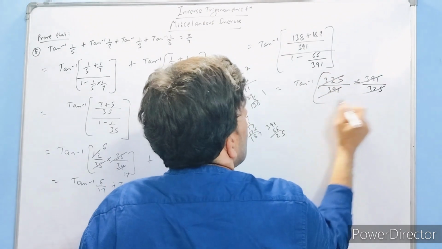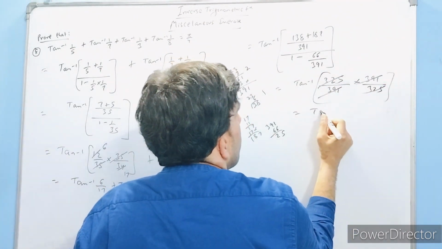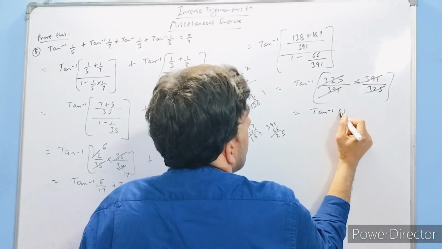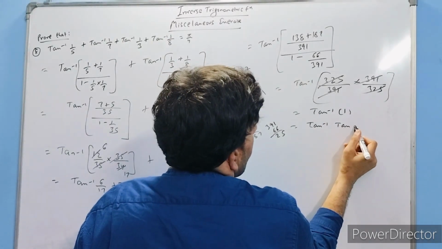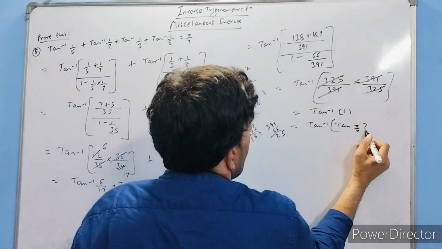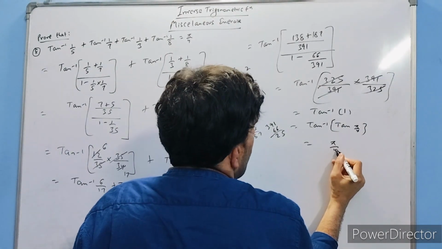So finally, what I got here is tan inverse 1. So I can write it as pi by 4. So finally, I got my answer, pi upon 4.